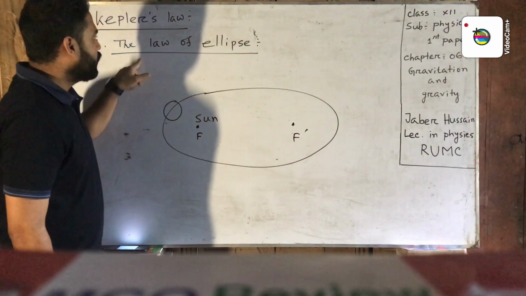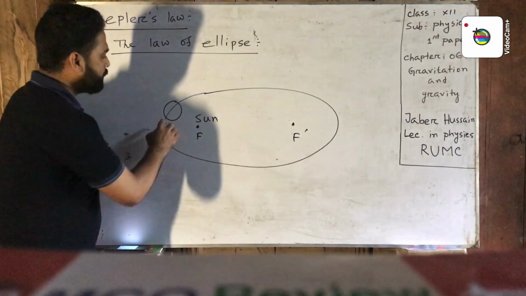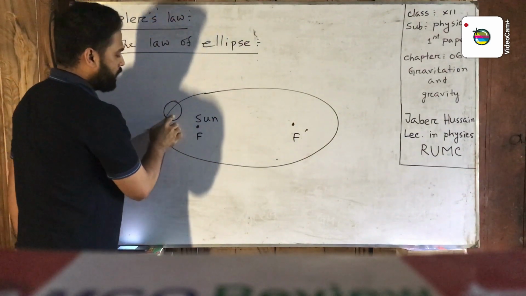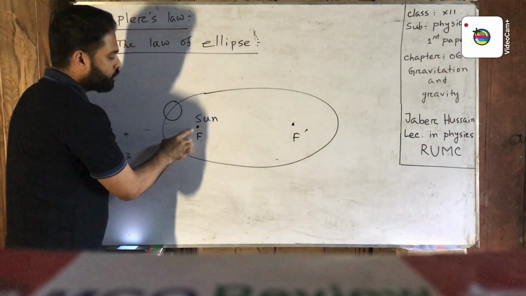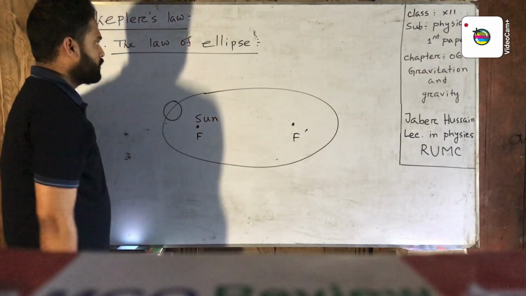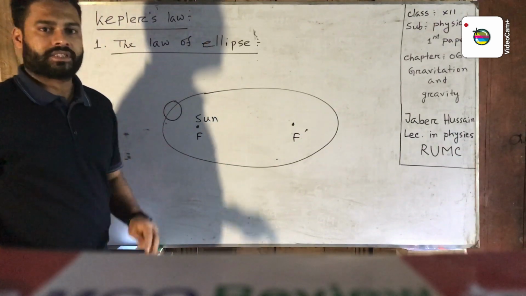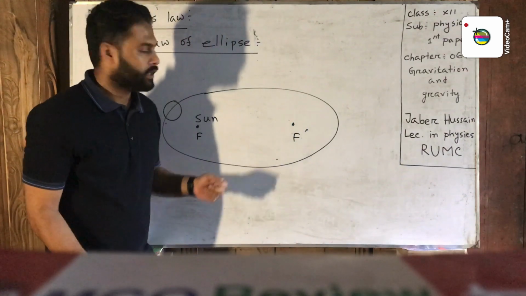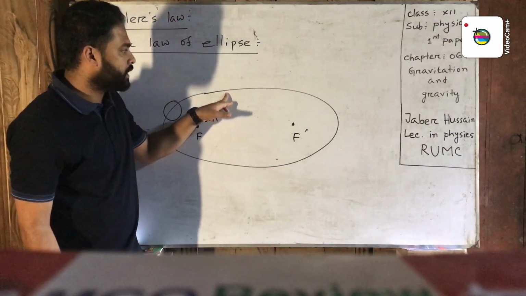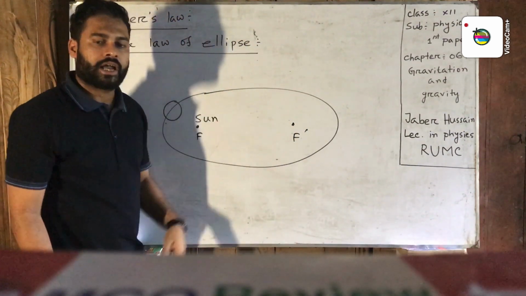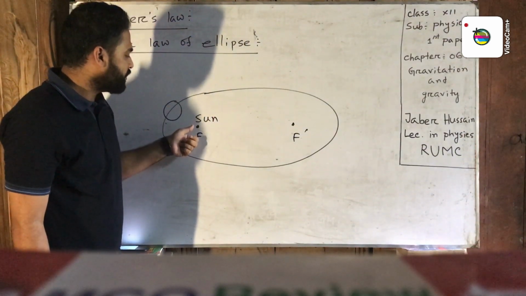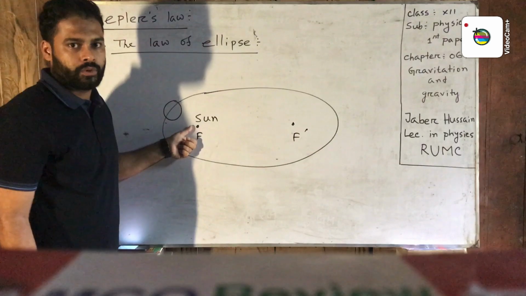So what is the law of ellipse? Every planet rotates around an ellipse, keeping the sun at one focus. So the law of ellipse states that the orbit of each planet is an ellipse which has the sun at one of its focus.